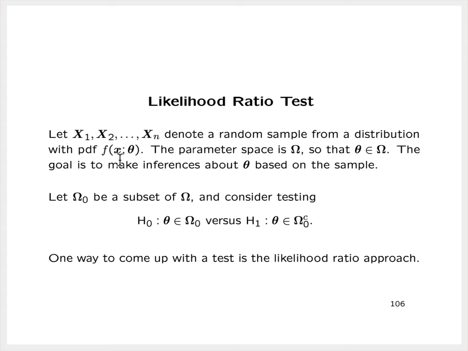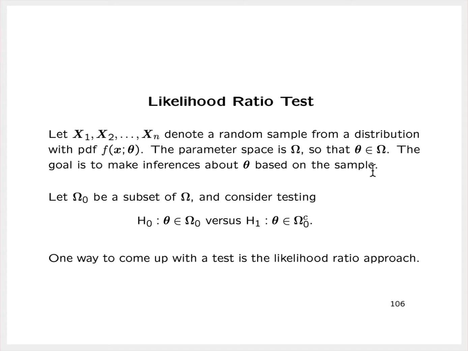So this is a very general notation. And so now we need to think about the parameter space, the set of values that theta, the parameter, can take on. We're going to denote the parameter space by cap omega, all right? And so the parameter theta is a member of this set that we're denoting by omega.